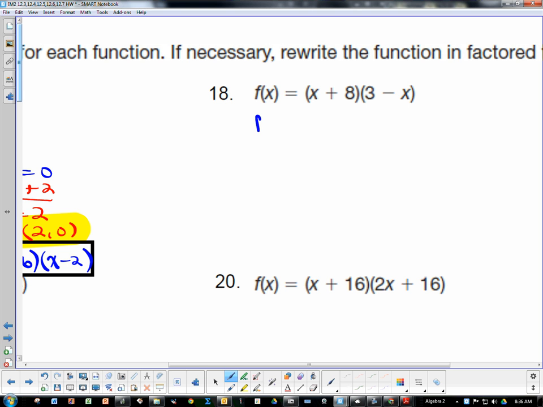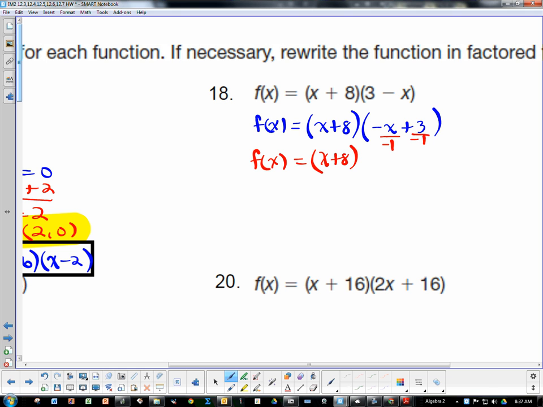I have f of x is equal to x plus 8, and then what I'm going to do is rewrite this again, negative x plus 3. Now watch. F of x is equal to x plus 8. Now I'm going to divide out a negative here. Write my parentheses.